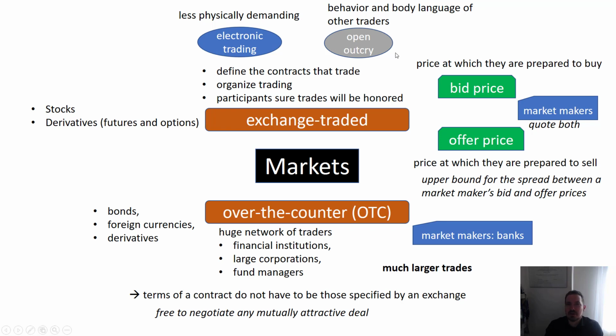So yes, in the past there was open outcry, but since the end of the 90s, we cannot find it anywhere at all. But what matters a lot is the bid and ask price, the difference between them, so the spread, can be really important for us, because if we are checking the spread and also the turnover of the market, so the liquidity which is running back and forth, then it can determine what is happening at the market.